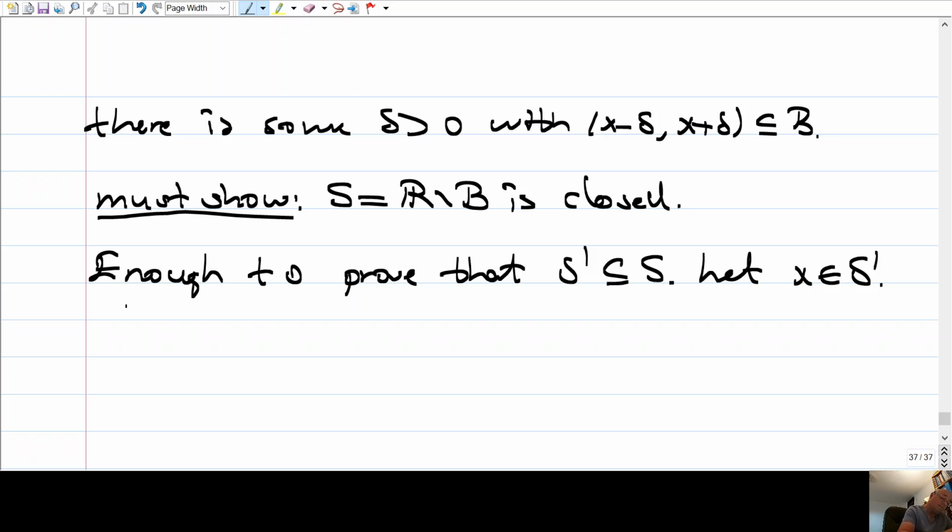Well, then we know that there is a sequence in S which converges to X, right?